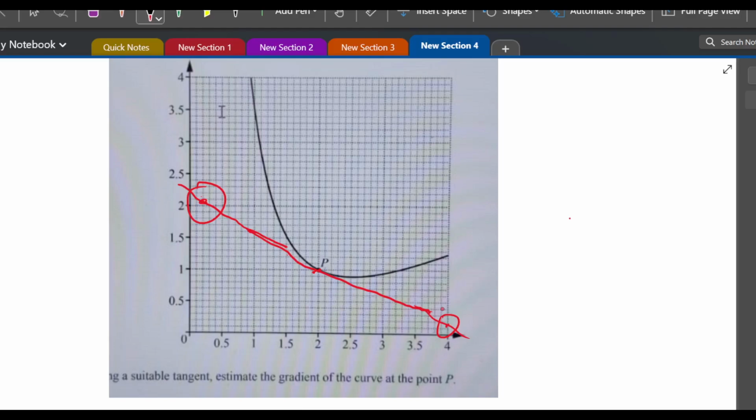Don't take the values close to P, because then there will be more error. If you take the further points, then there will be less error and your answer will be much more accurate, because you will get the answer based on the range they have specified. If it is beyond that range, you will not get the answer.